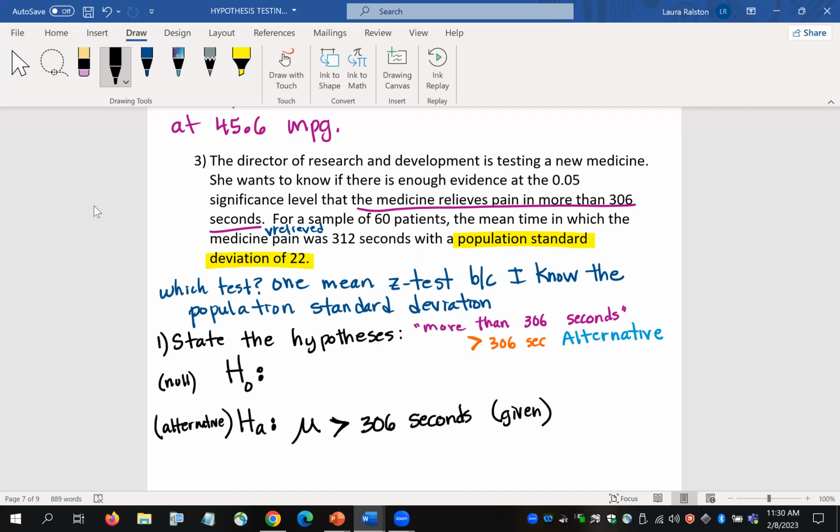The exact opposite of more than is less than or equal. So my null is that the mean is less than or equal to 306 seconds. Remember, the null must always and forever contain equal.